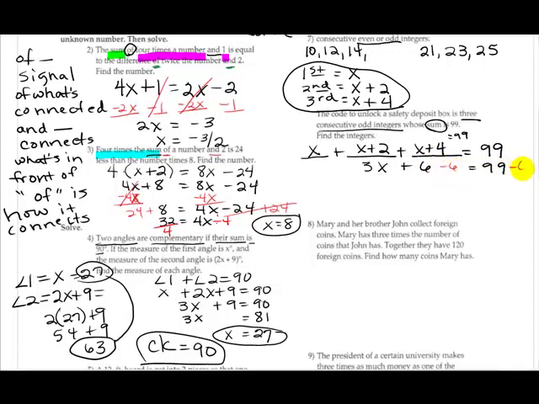Subtract the 6 from both sides. Then we want to divide by 3, divide by 3. X is going to equal 31.